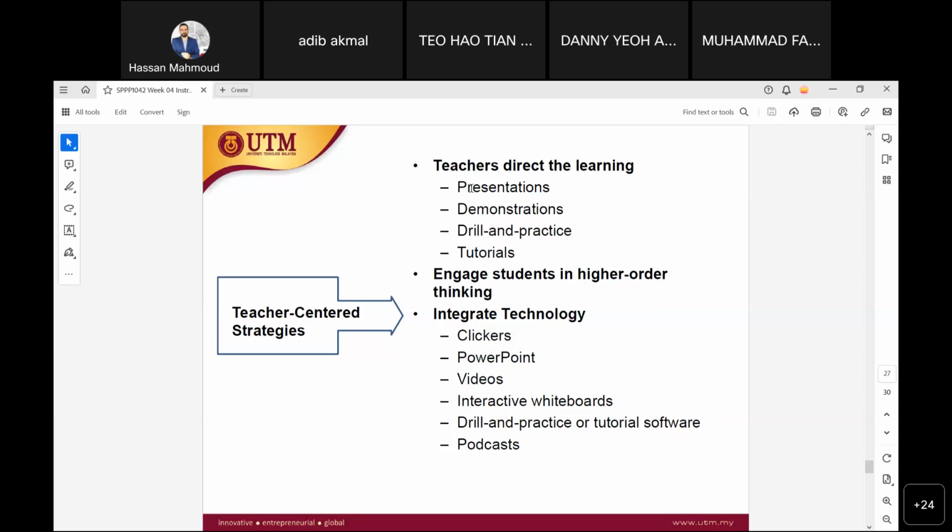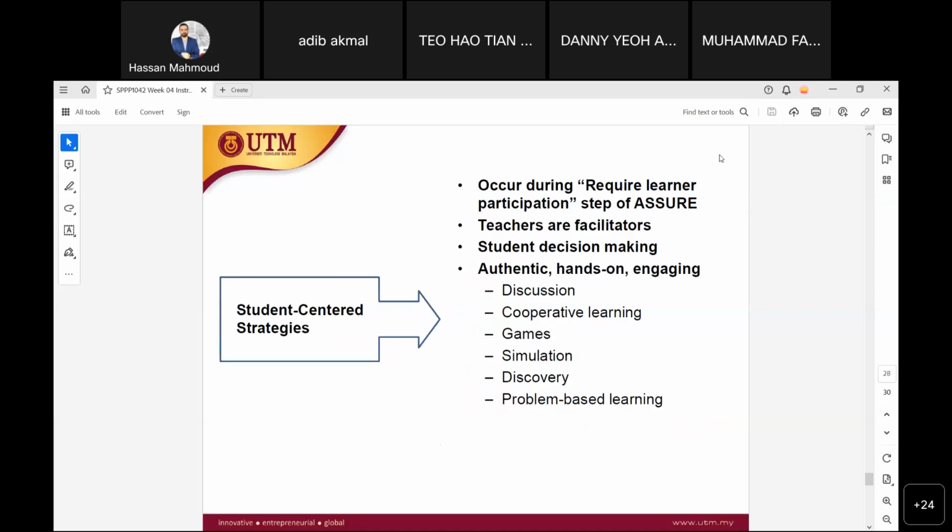So when we talk about presentation, demonstration, drill and practice, and tutorials, it's all teacher-centered. On the other hand, with discussion, we let the students take part in our classroom. Cooperative learning, we give them an opportunity.